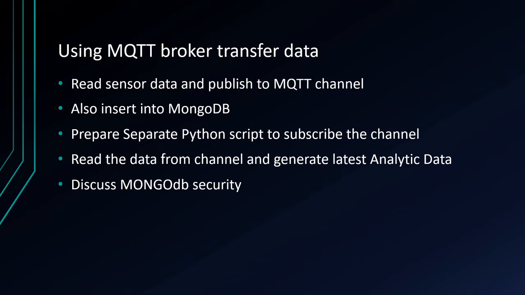Similarly to the previous project, sensor data has been read and pushed into MongoDB using an MQTT broker, and a separate Python script has been written to subscribe to the channel and to update a data analysis report every interval when it receives data.